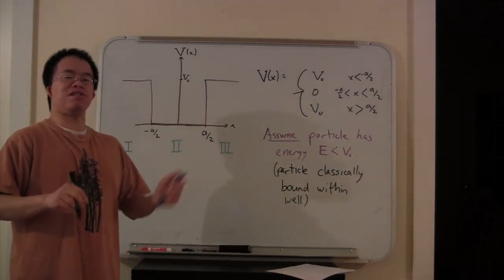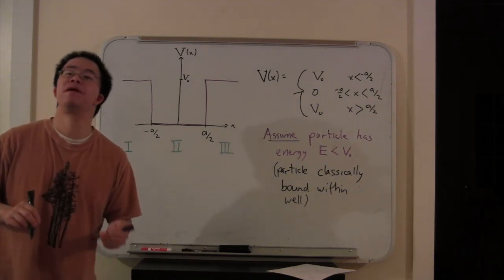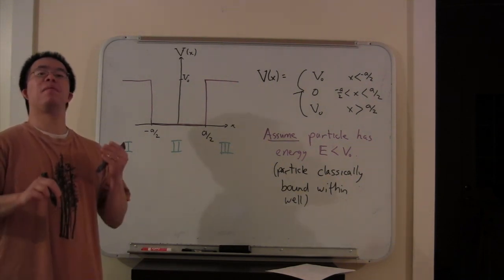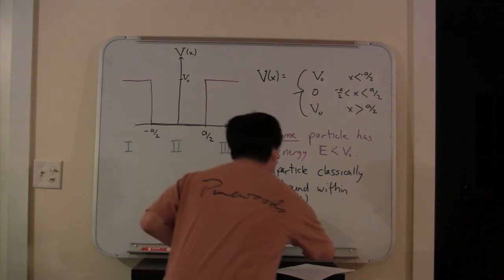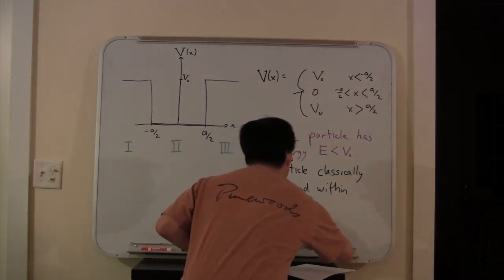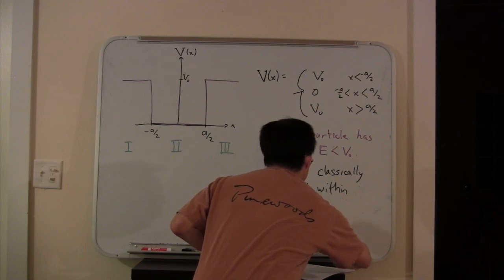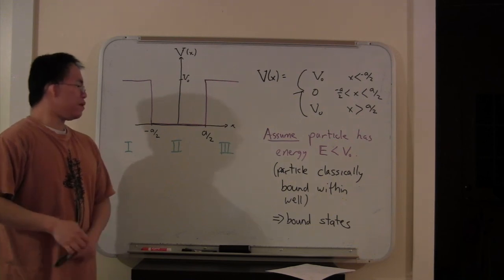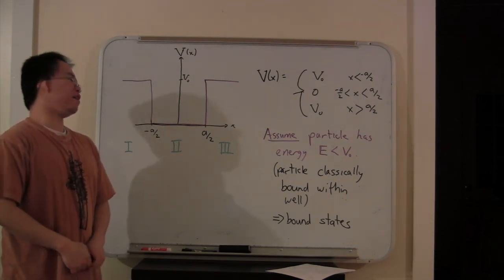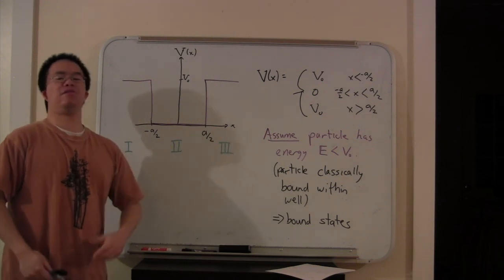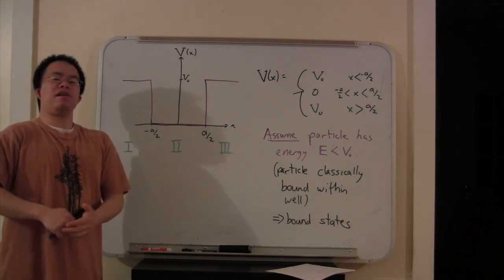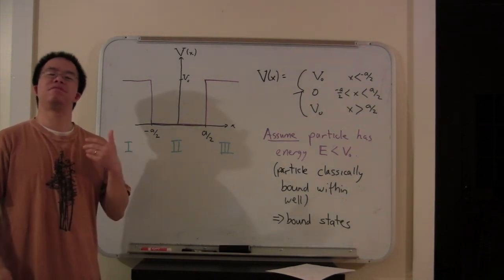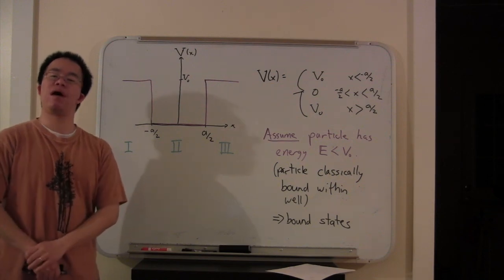What we'll see is that the results of solving the time-independent Schrodinger equation under this assumption are what are called bound states. What we will be able to see in a few more classes is that if we assume the opposite, that the energy is greater than V naught, we get a different class of behavior, which is actually much more similar to the quantum free particle we talked about a little while ago.